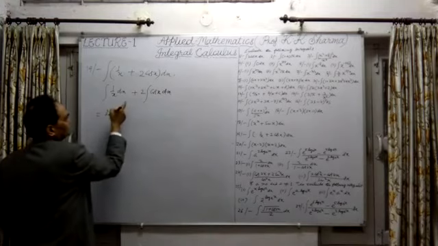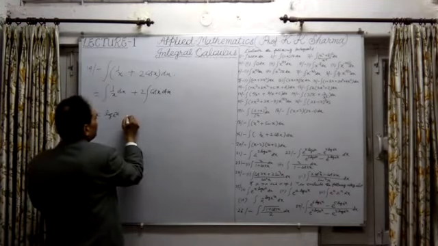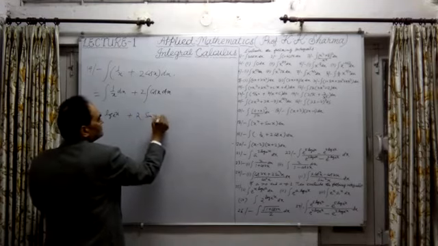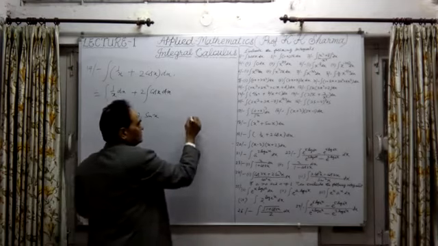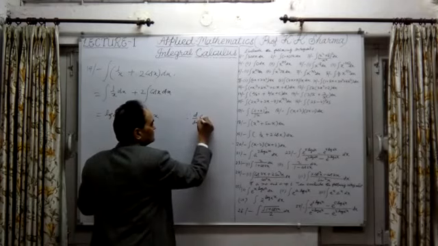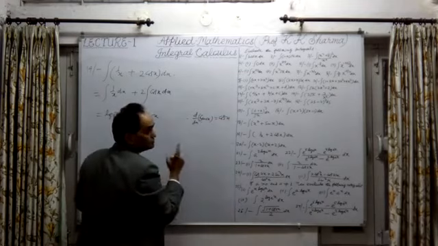This is equal to the integration of this. Now this is plus 2 into sin x. Why? Let me write here. We know that d/dx of sin x is equal to cos x, positive.